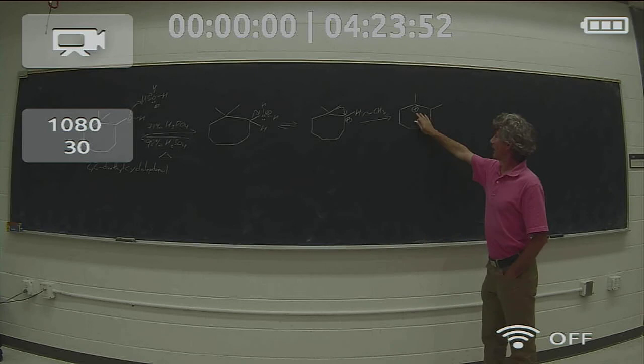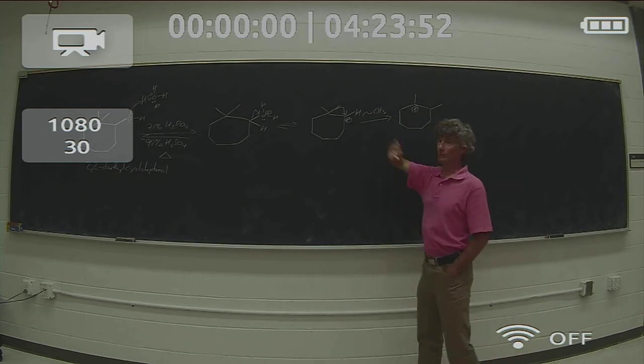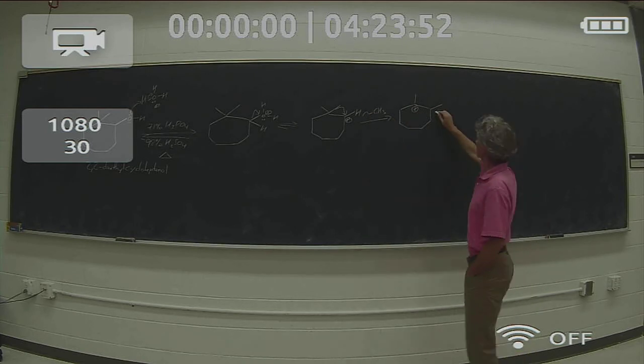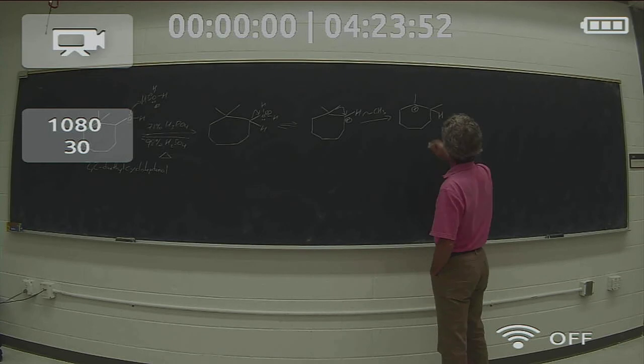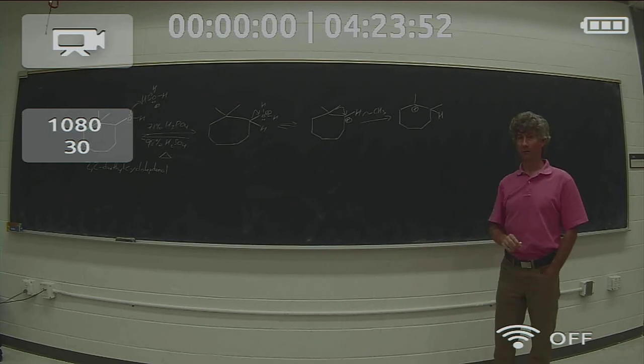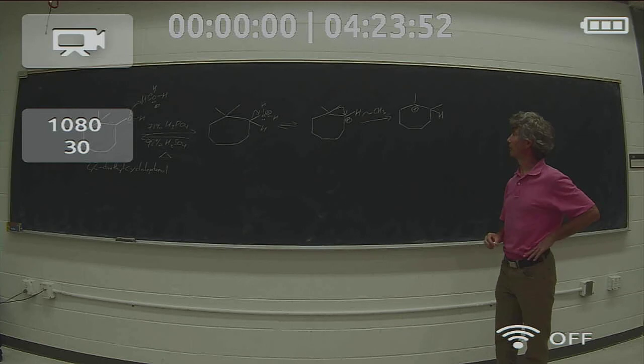Notice that the carbocation is on the carbon that the methyl group is not shifting to. This methyl group has just moved. So now we have a trigonal planar tertiary carbocation there.